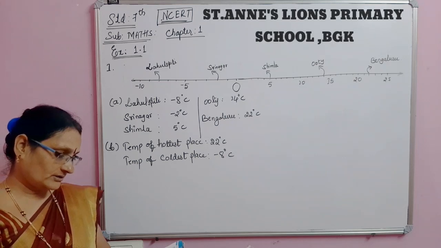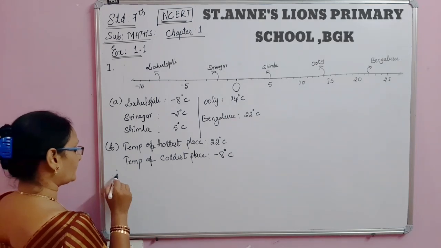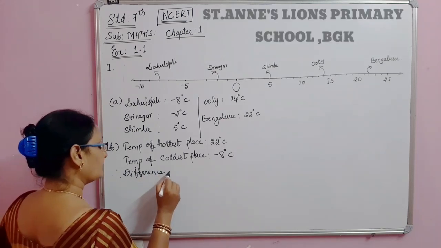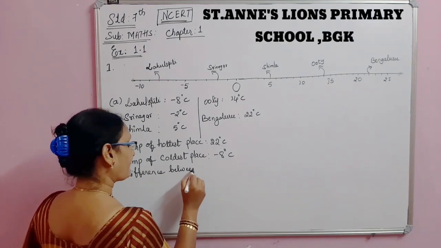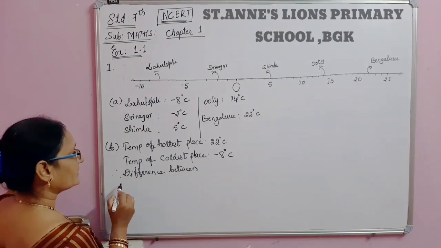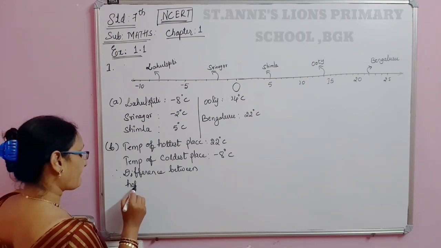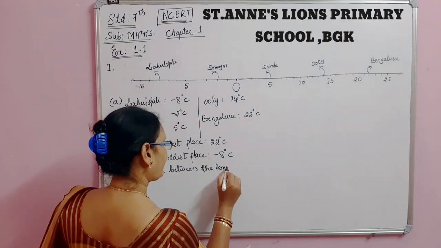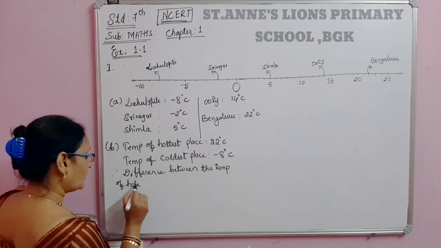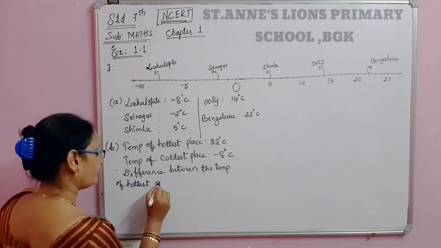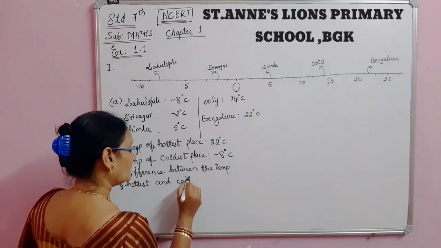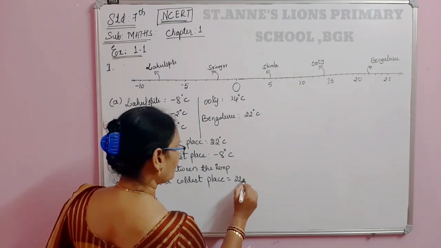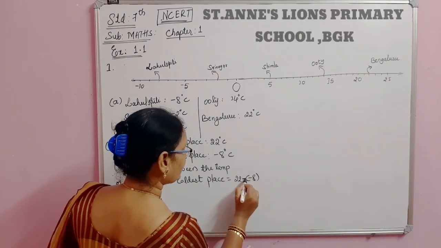Now what we have to find out? We have to find out the difference between these two. Therefore, the difference between the temperature of the hottest and coldest place is equal to 22 minus of minus 8, because this is the difference.